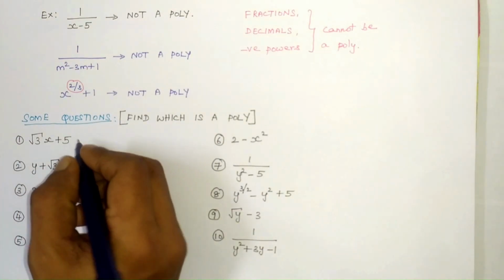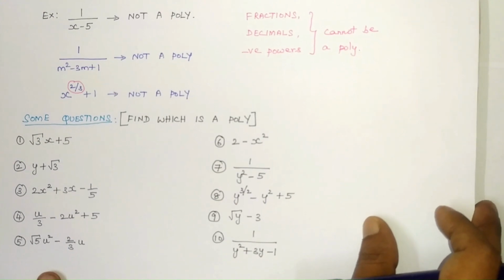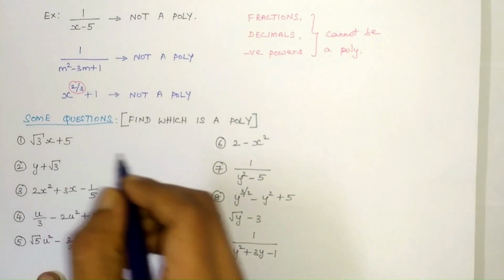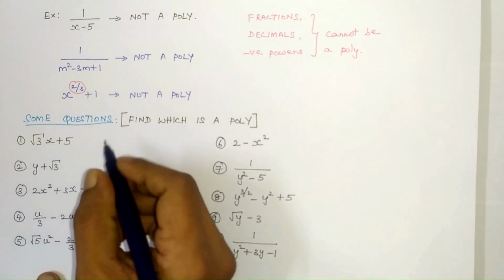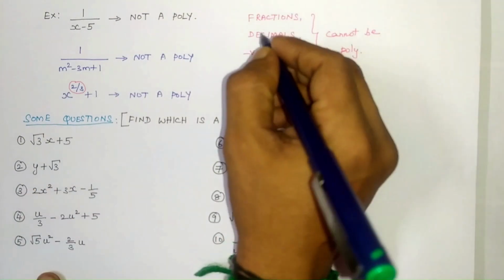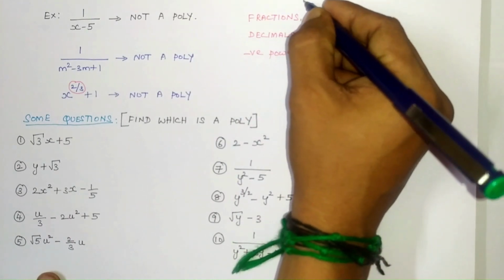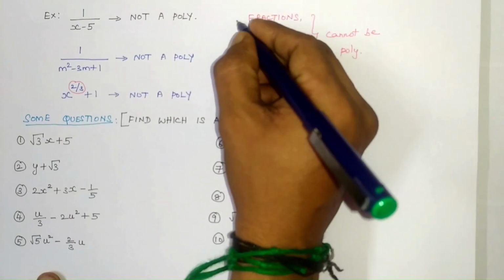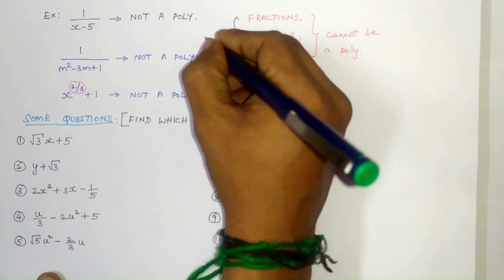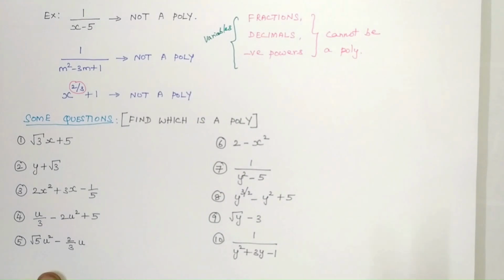So the first one here. When we decide which is a polynomial and which is not, we should look only at the variables. These three things are considered only for the variables and not for the coefficients.